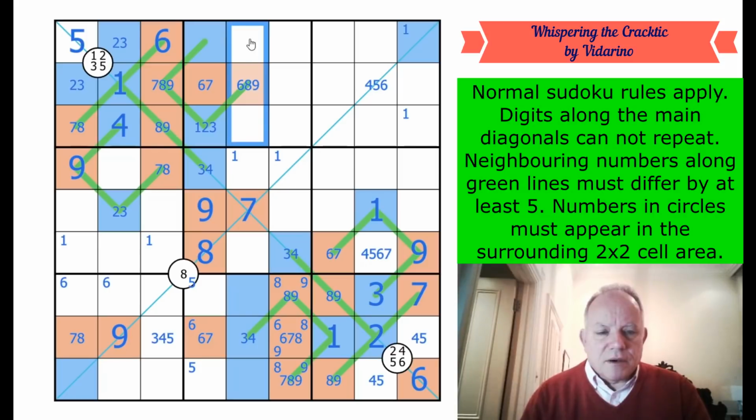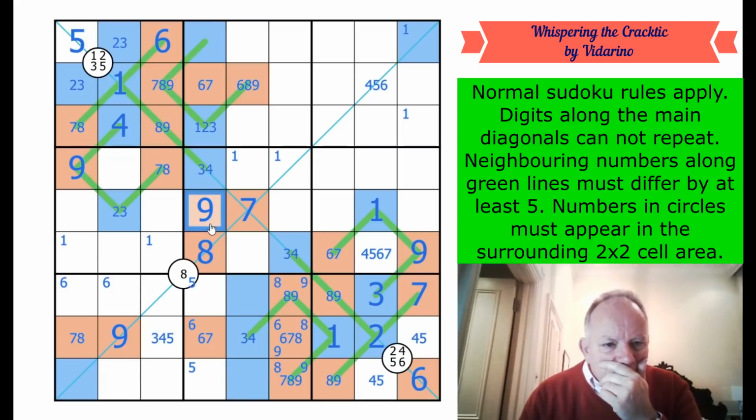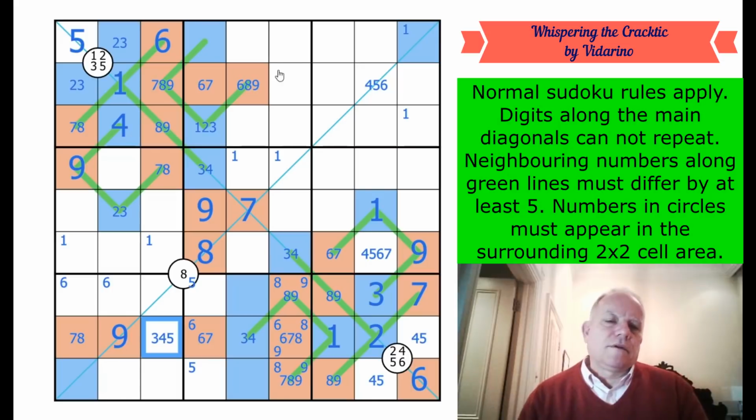9 in box 2 must be in one of those cells. Again, not an enlightening piece of information. Wow.